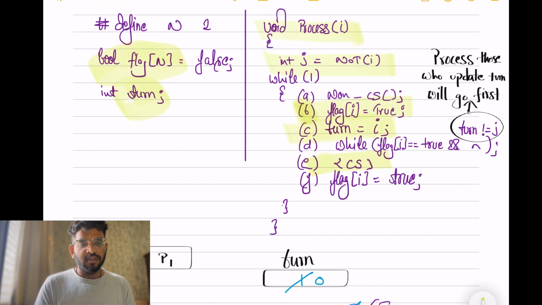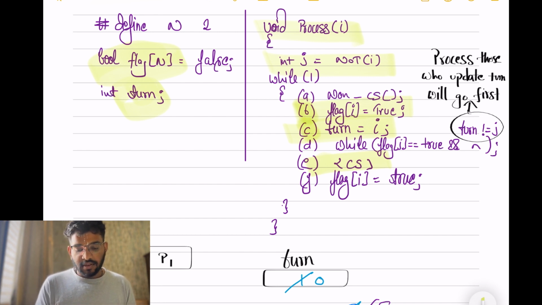Like if P1 and P2 both want to execute the critical section, and if P1 comes first, then it will be allowed to execute the critical section before P2, which is the reason for point C here.